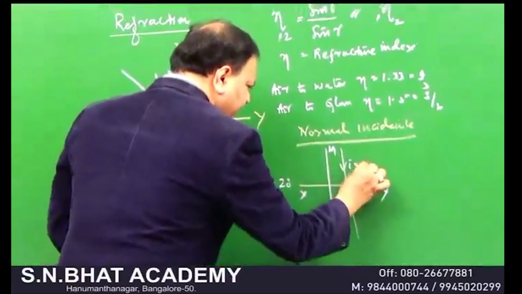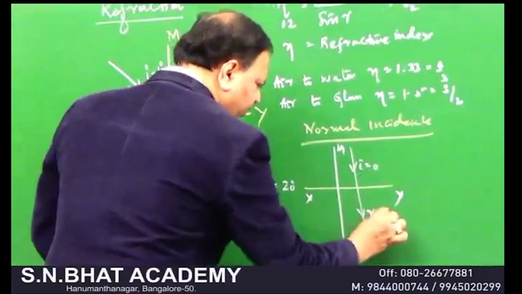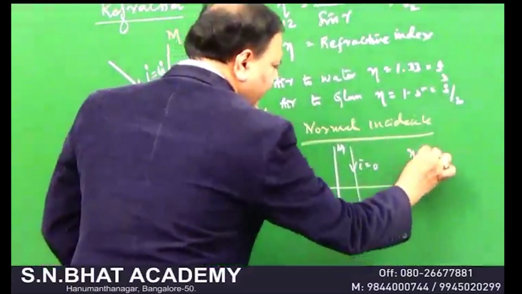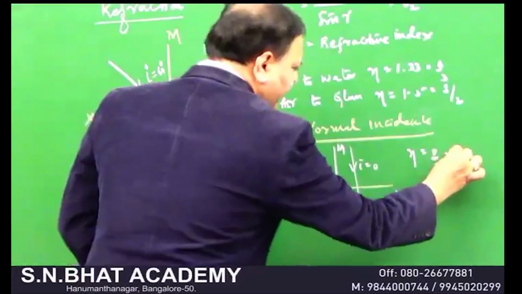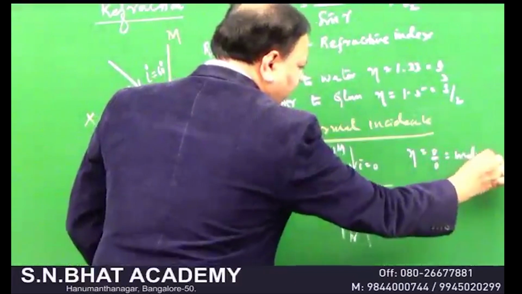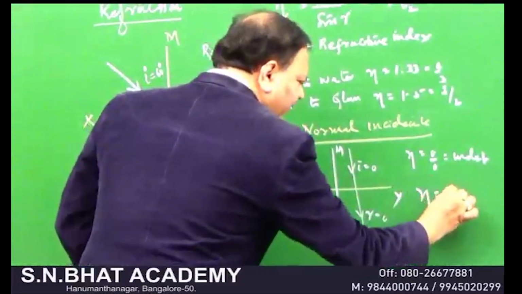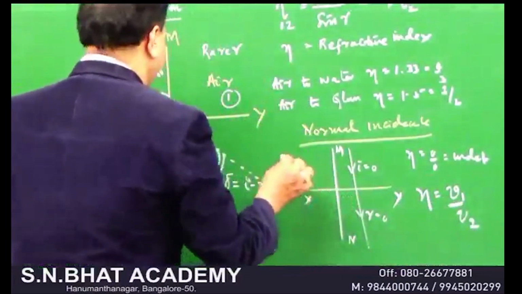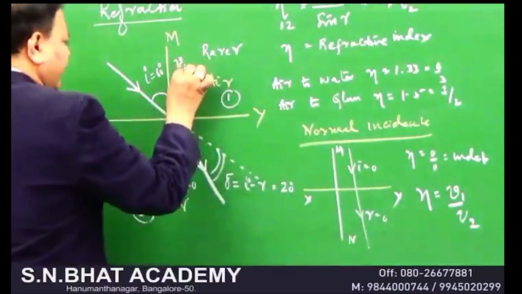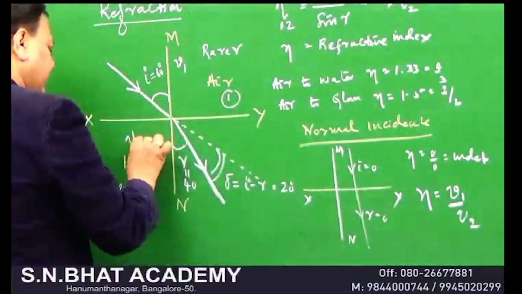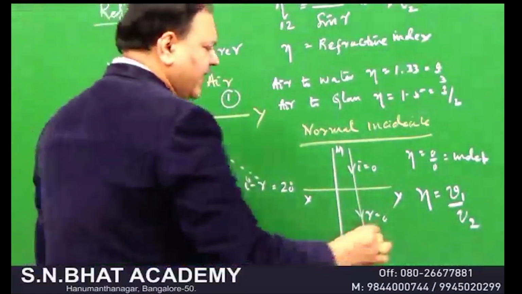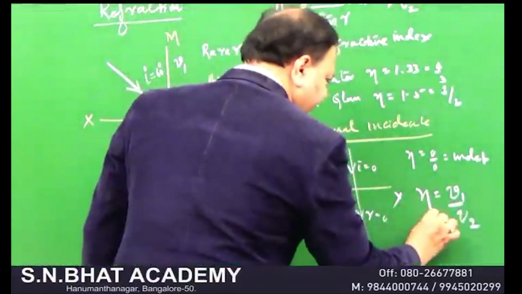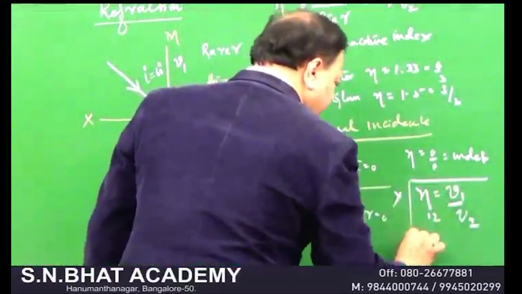Normally means i and r are equal to 0, then your refractive index will be 0 by 0, which is an indeterminate form. Under that condition, we define the refractive index in terms of the velocities of light. If v1 is the velocity in the first medium and v2 in the second medium, then the refractive index from medium 1 to 2 is given by v1 by v2.